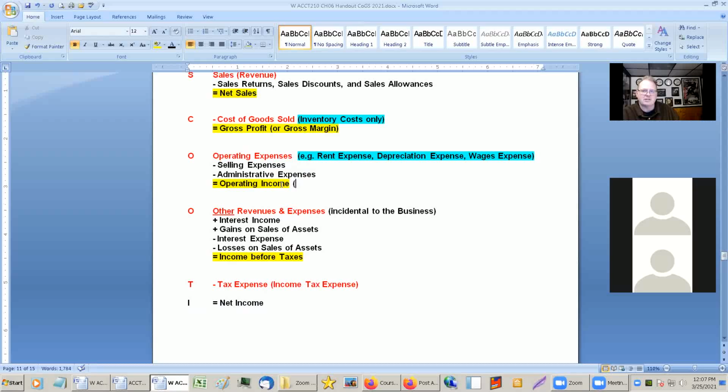So if their normal business is selling cars, this is what they made selling cars. So if they're Ford, how much do they make selling cars? That's what would be in here. This other stuff's kind of wacky. So okay, this isn't really what they're in business for.